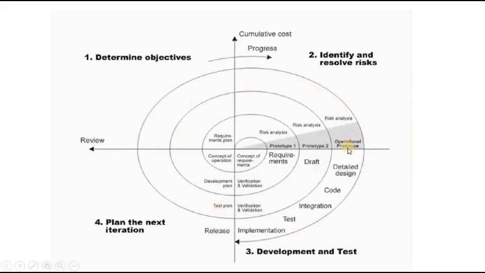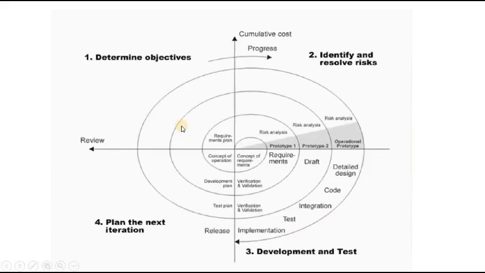Now we test our draft, and our next stage is the operational prototype. After the operational prototype, there is detailed design, code, integration, test, implementation, and release of our project. Here you can see the waterfall model after the operational prototype.